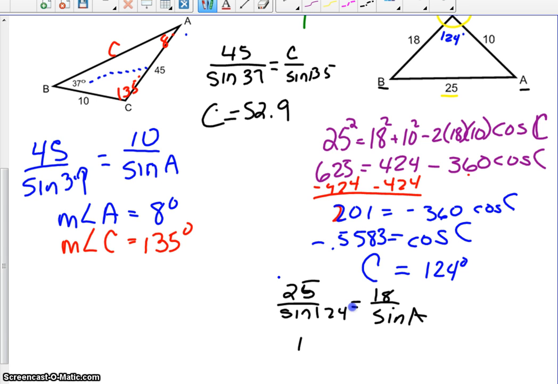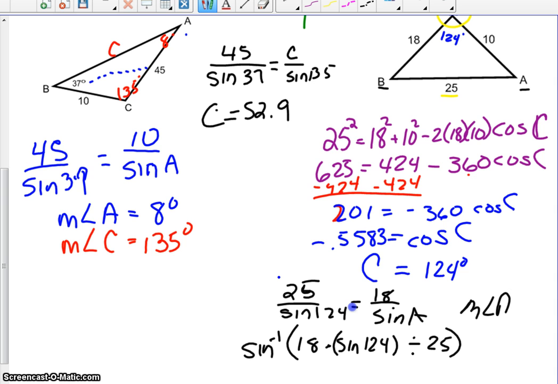Technically it's going to be the sine inverse of 18 times the sine of 124, divided by 25. What I got for that measure of angle A was 37 degrees. Then the 180 rule says the measure of angle B has to be 19 degrees.